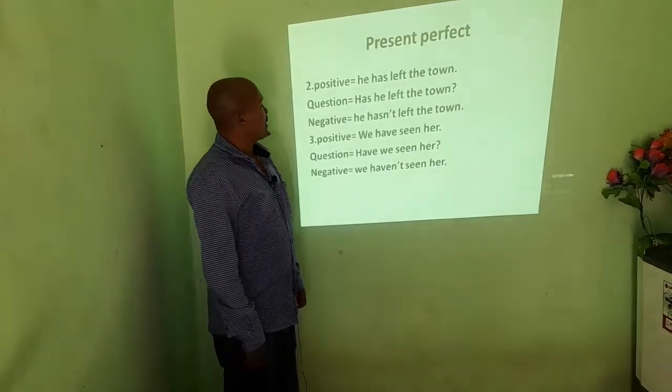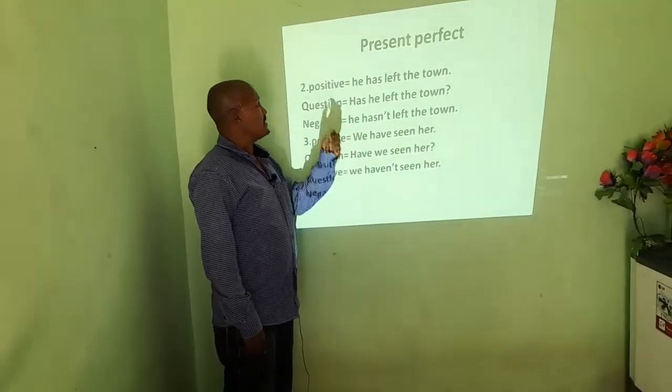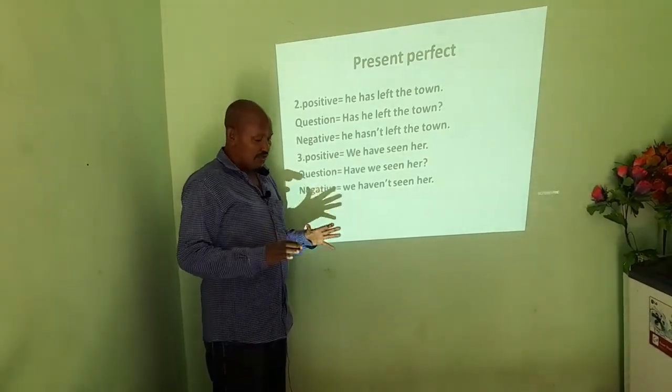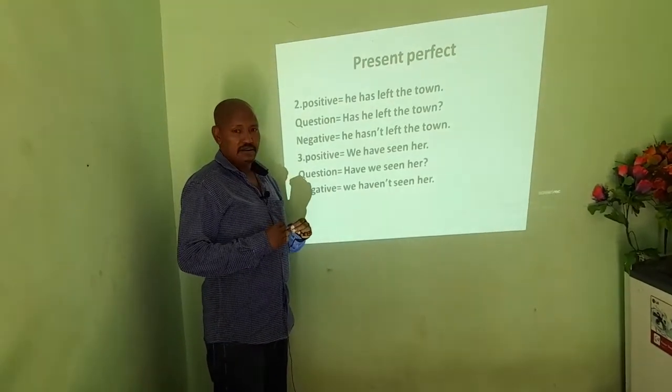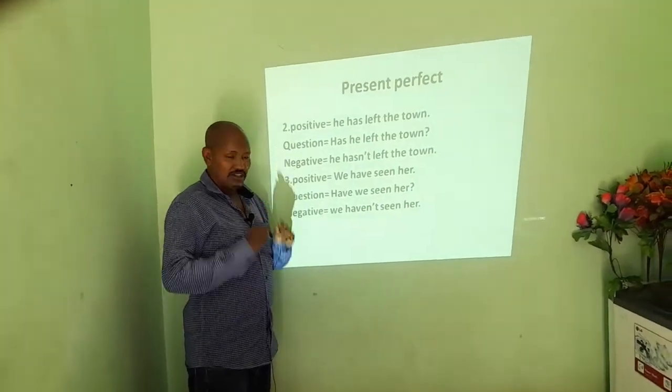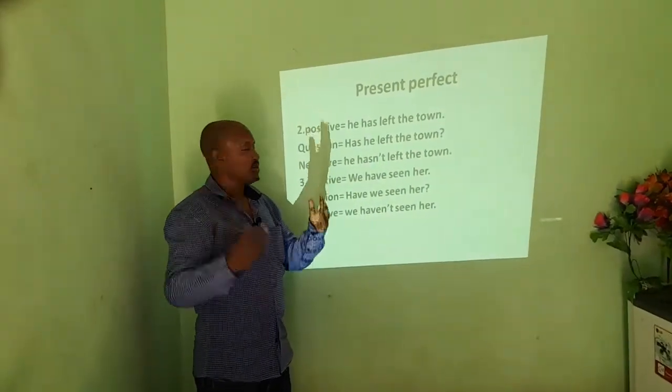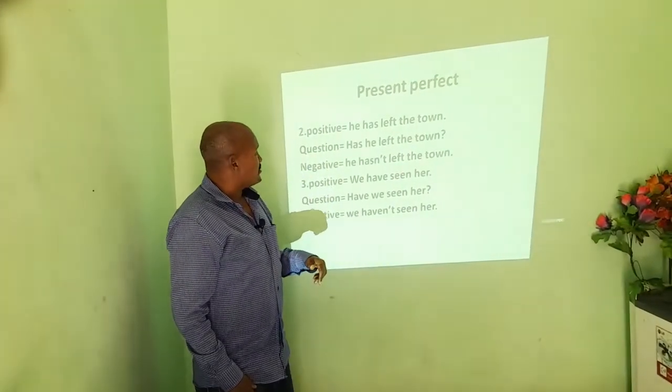The second example: he has left the town. He has left the town, has plus verb 3. He has left the town means he is not in the town at the time; he is somewhere else. Has he left the town?